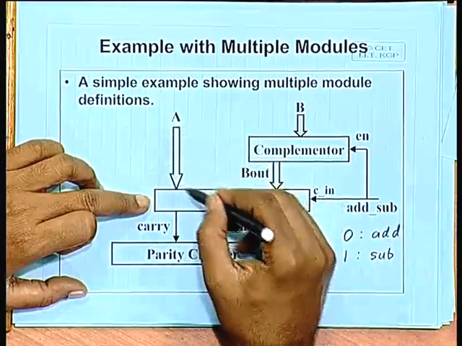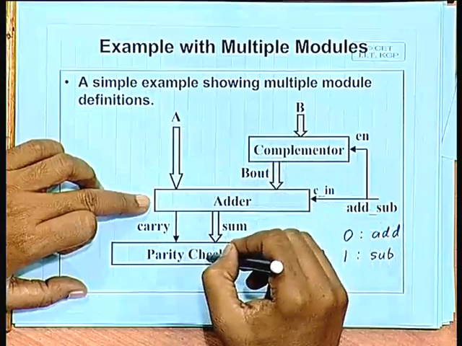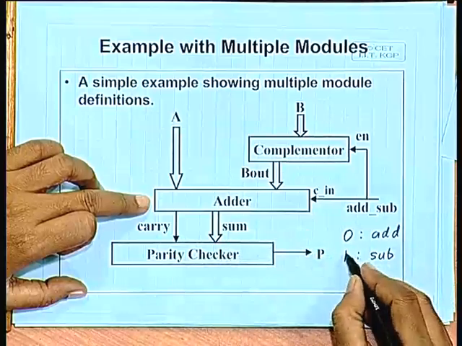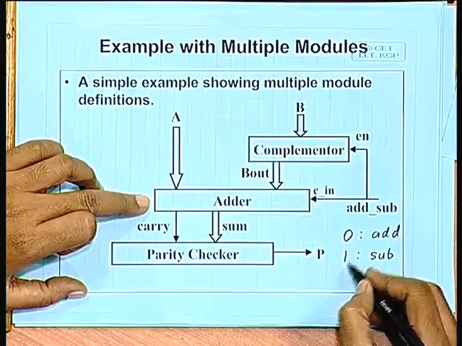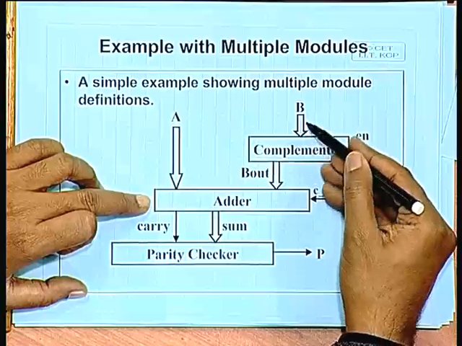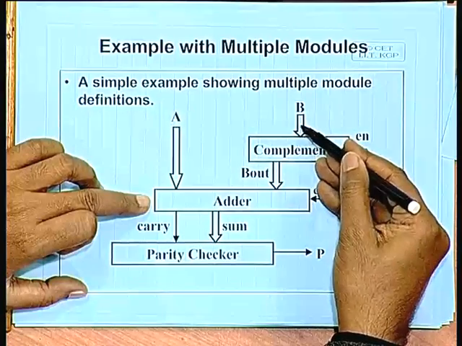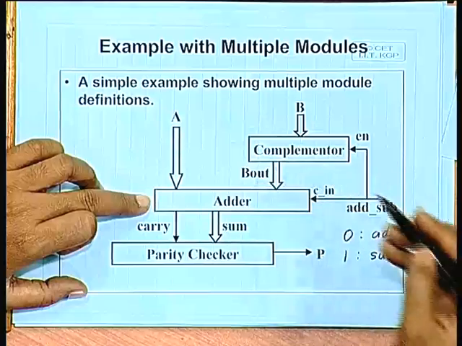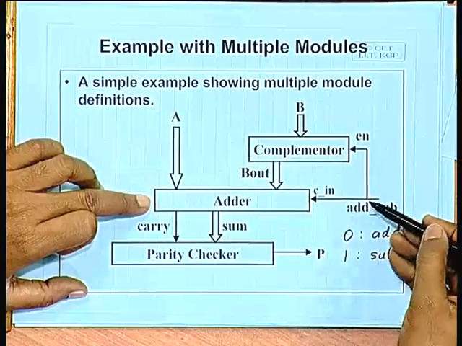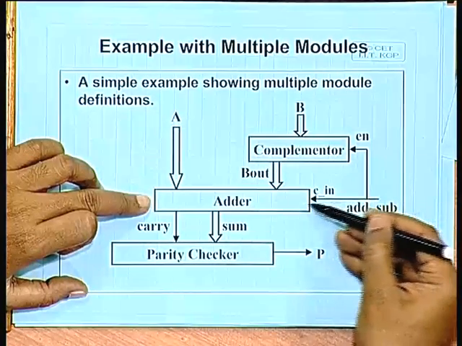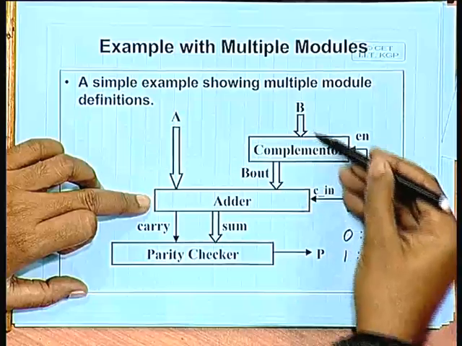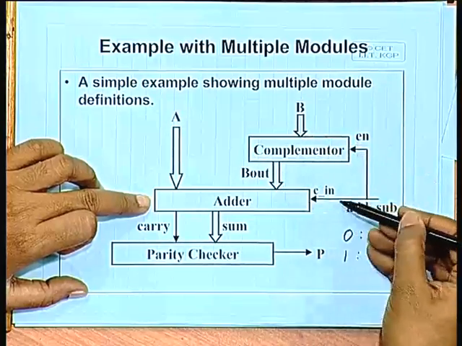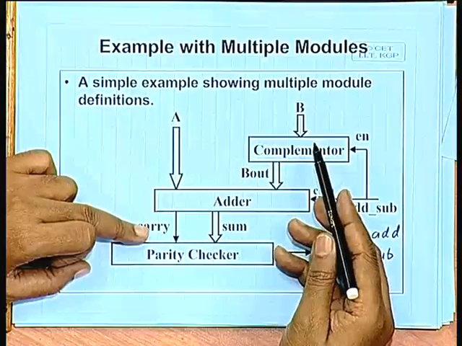So, simply we are computing A plus B. But if the signal is 1, then this complementer will take the 1's complement of B. B out will be the 1's complement of B. This bit is 1, so another extra 1 is getting added. So, this 1's complement plus an additional 1, which means 2's complement is being added. So, A plus the 2's complement of B. So, the output will be the subtraction A minus B.